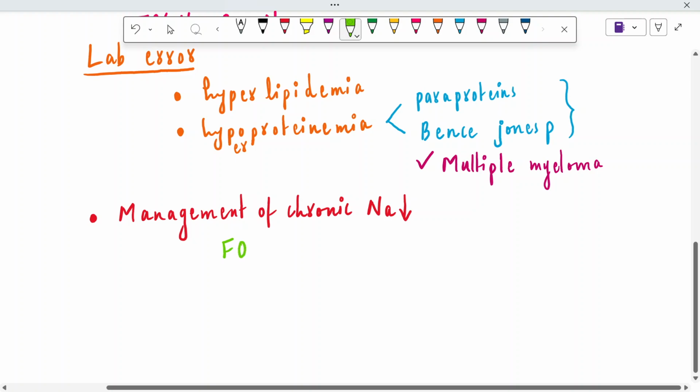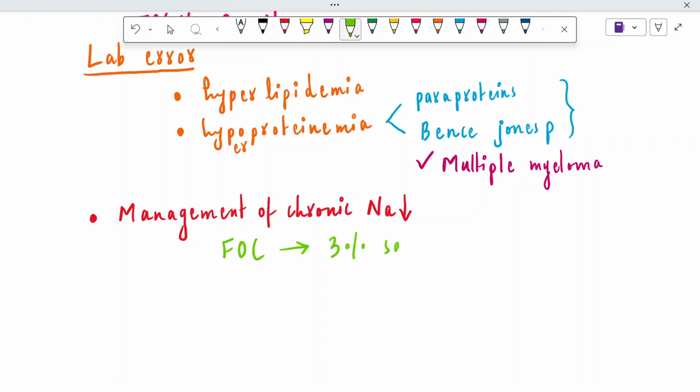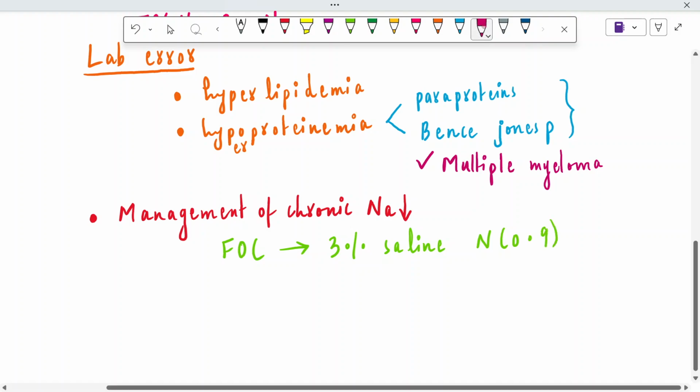The fluid of choice is hypertonic saline, that is 3% saline. Normal saline is 0.9%, but in this condition we use hypertonic saline because normal saline contains 154 milliequivalents of sodium and also 154 milliequivalents of chloride.